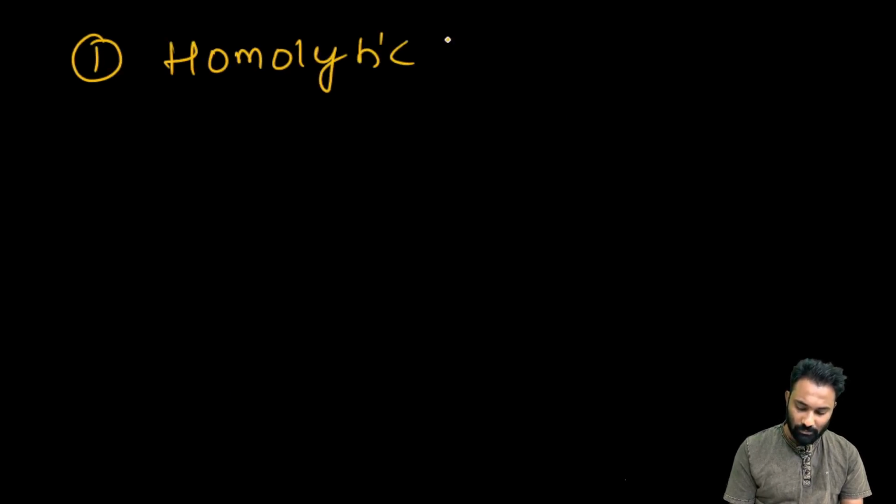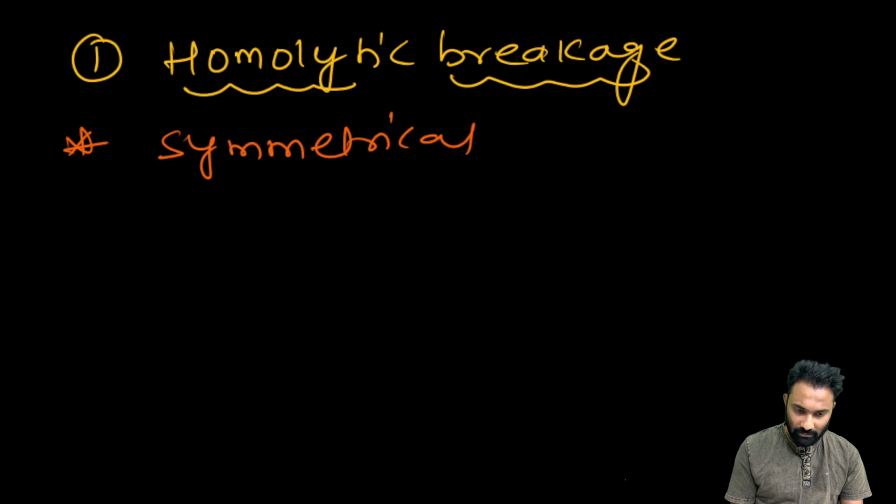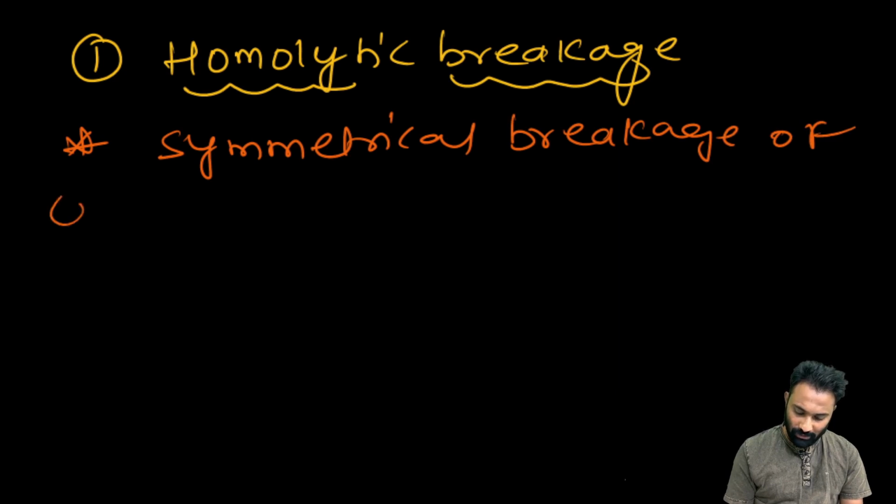Now what is the meaning of homolytic breakage? It means symmetrical breakage. See, most of our organic compounds are covalent in nature, right? Clear? Now homolytic breakage means symmetrical breakage of the covalent bond.